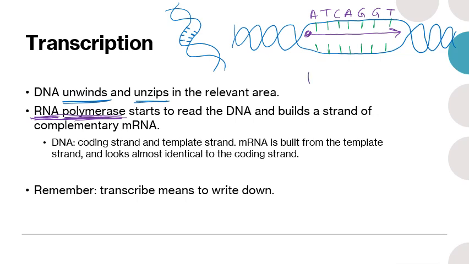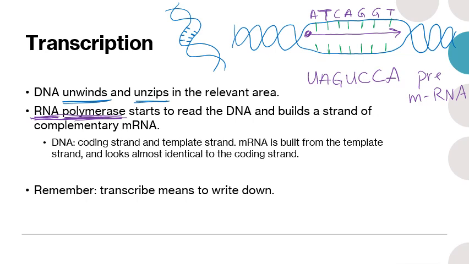So we'd have a U. Our DNA is a T, so complementary, that would be A. C would go with G. A again would be a U. G goes with C. G goes with C. T goes with A. So we're building our pre-mRNA that is complementary to that strand of DNA.